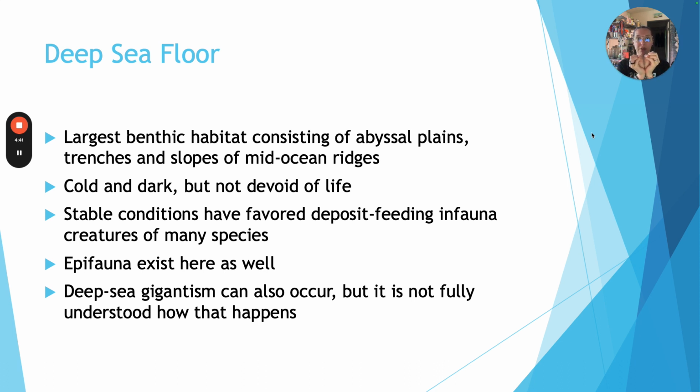Coral consists of polyps, and those polyps have little arms on them basically, and they feed on whatever comes through the water, right? So a lot of different species like that on the ocean floor as well. And then epifauna do exist also. If you don't remember what the terms infauna and epifauna mean, be sure to go back and review those terms at the beginning of this chapter.